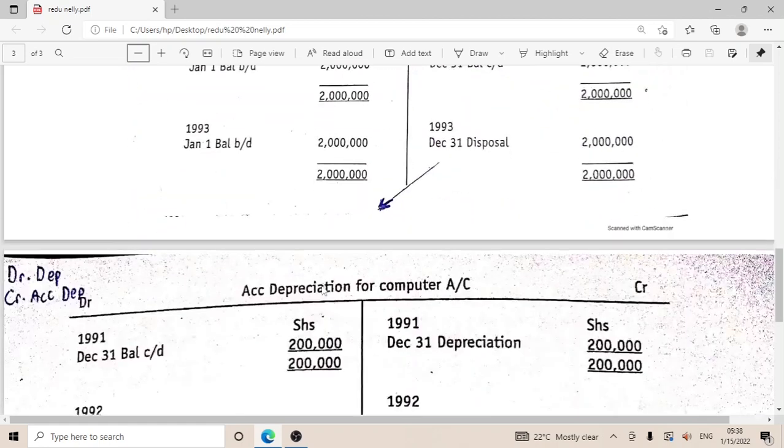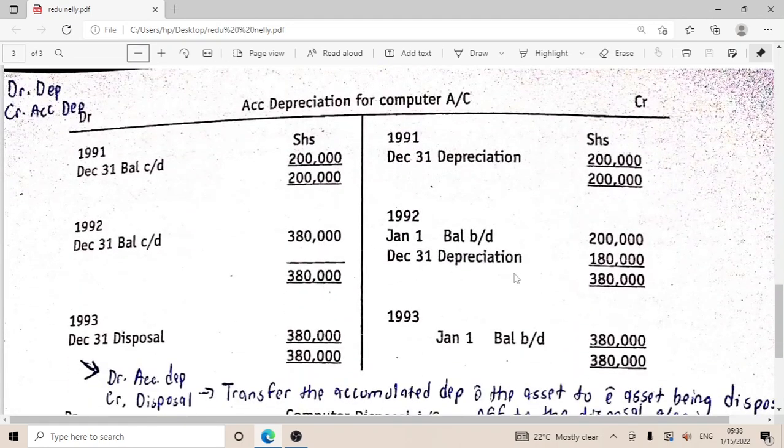So you just come and put your 180,000. So adding the 200,000 plus the 180,000, you'll be getting 380,000.